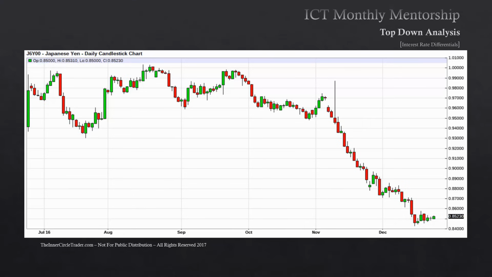Now, obviously, this is seen on the heels of the Donald Trump election. But nonetheless, this move, many hundreds of pips, well over 1,200 pips of a price move, is again based on the central bank interest rate and the differential between the two.